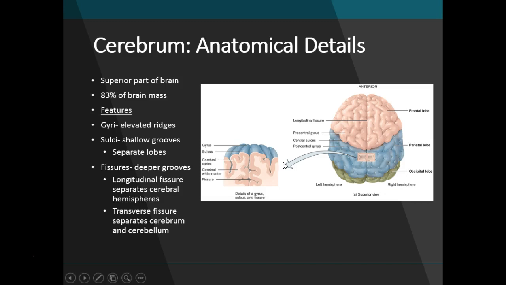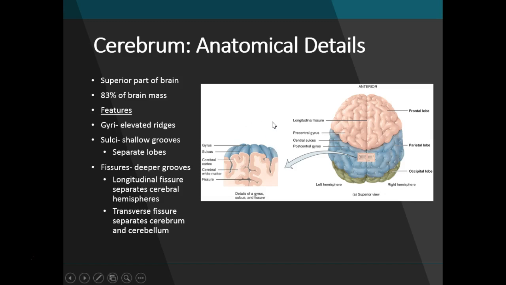Now where all of these bumps and bulges form these elevated areas, there are grooves or little indentions between them. Those are known as sulci. So the sulci are the shallow grooves between the gyri. Sulcus, S-U-L-C-U-S, is singular, so each one of these little grooves is a sulcus.